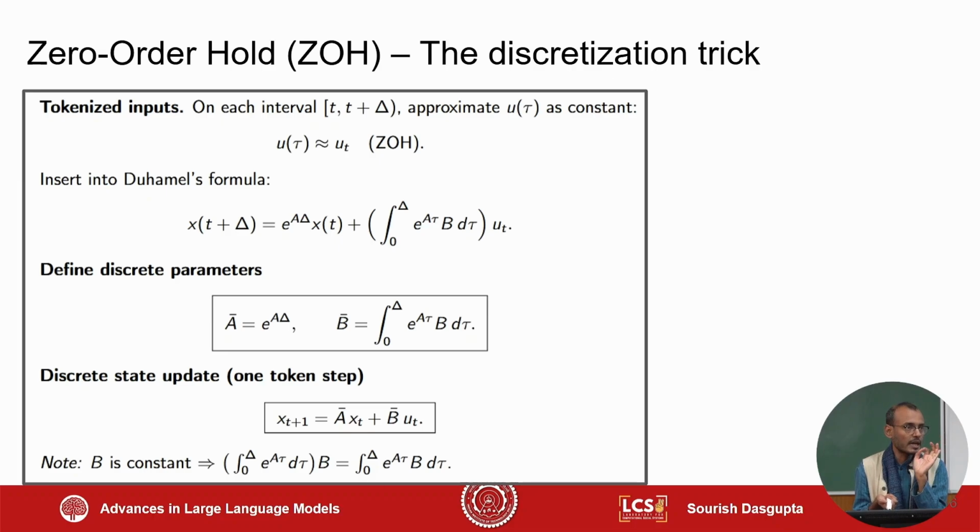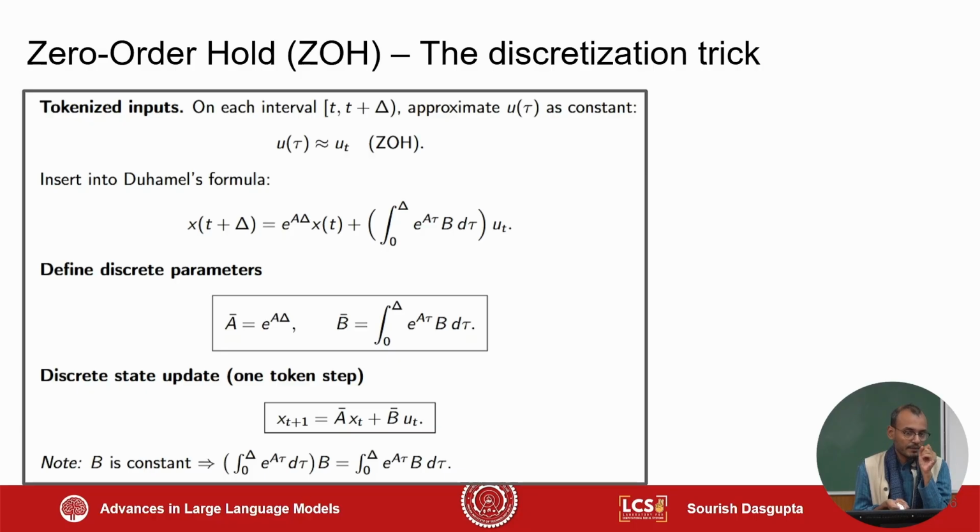So we approximate that to u_t over the time interval t to t + Δ. So the τ that was going on between t and t + Δ, we say that if Δ is small enough, we can approximate that to whatever just happened right now. This approximation is called zero order hold.